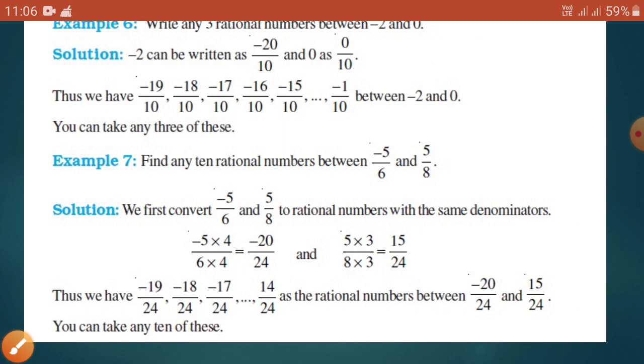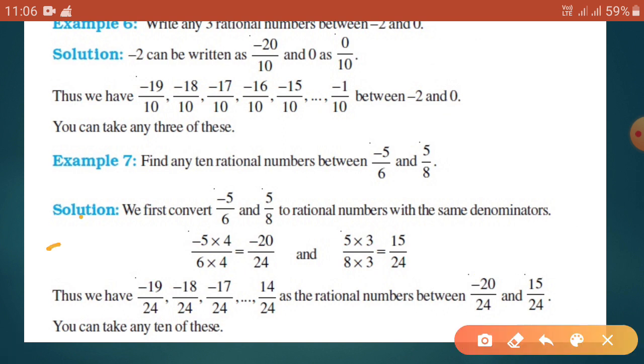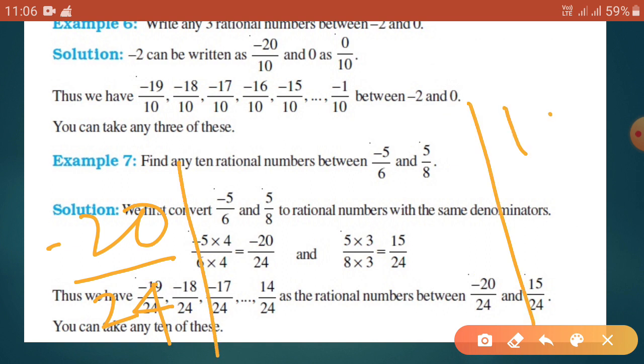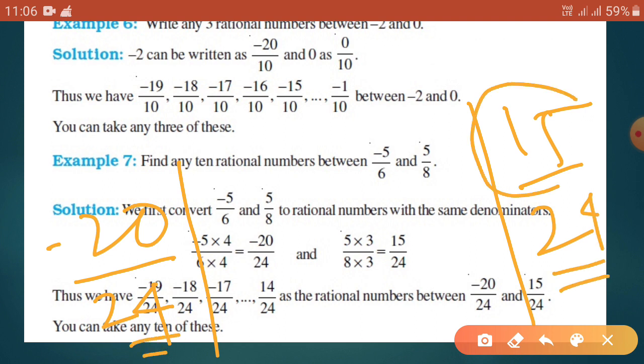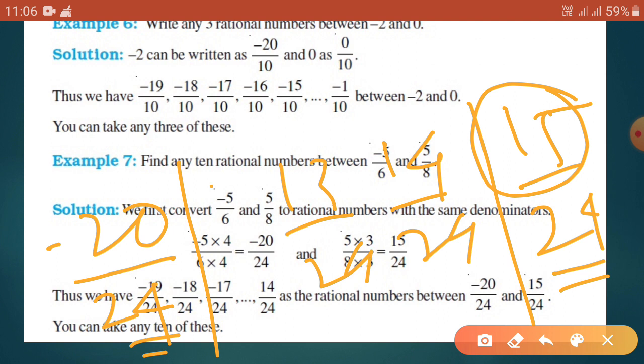Okay, so now we can find the rational numbers between these two rational numbers. How to find it? Already I have told you. Here it is minus 20 by 24 and here it is 15 by 24. So the denominators are the same here. Now what is the number before 15? We know 14 by 24, then 13 by 24, then 12 by 24. We are going to the negative side because it extends to minus 20.